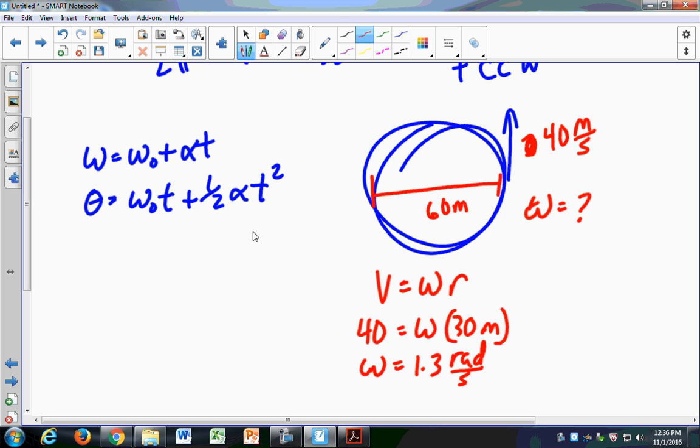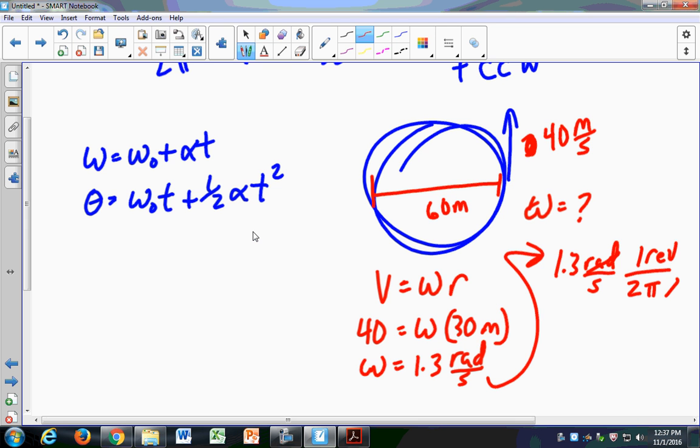These aren't the numbers, by the way, that were used. No, the 40 is different. All right, so 1.3 radians per second. And then you have to convert that to revolutions. 1 revolution is 2 pi radians, so my radians cancel, and I'm left with 1.3 over 2 pi, which is not very big.